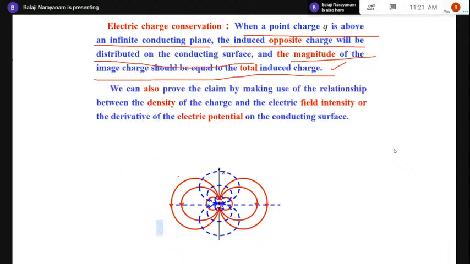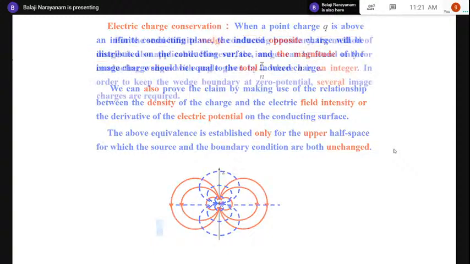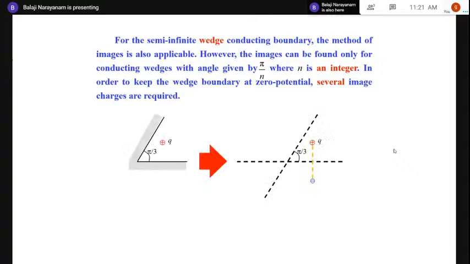We can also prove the claim by making use of the relation between the charge density and electric field intensity, or the derivative of electric potential on the conducting surface. The above equivalence is established only for the upper half space, for which the source and boundary conditions are both unchanged. Okay, and this is the concept of method of images that we may use.